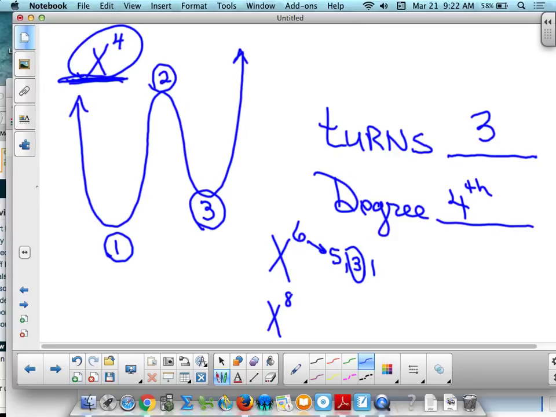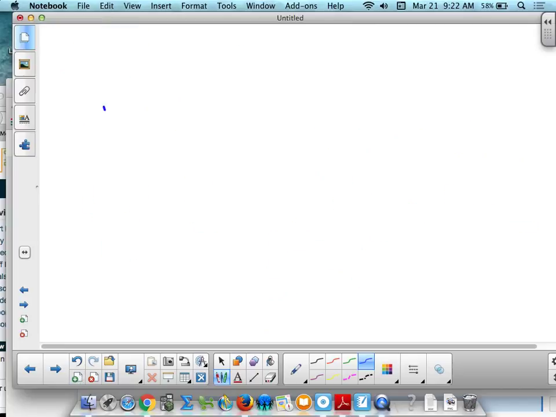X minus a is a linear factor of a polynomial if and only if the value a is a root of the related polynomial function. Cross out the word root, because we haven't really said much about what a root is.